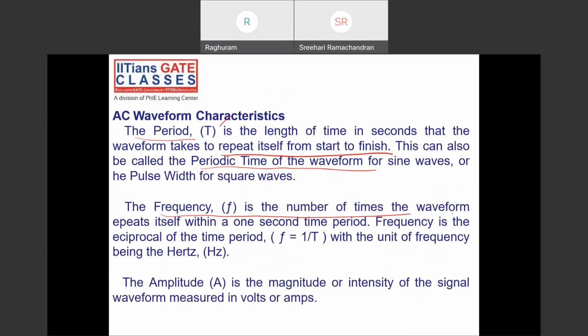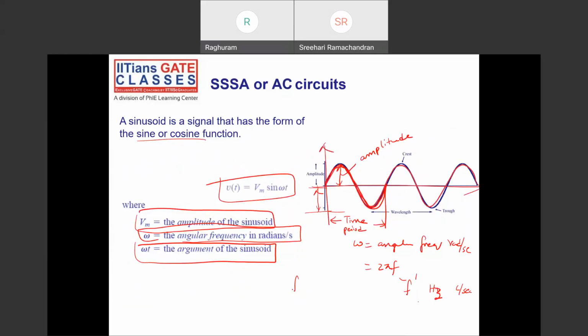Next, frequency is the number of times the waveform repeats itself within a second. Frequency is the reciprocal of time period, with the unit being hertz. F is equal to 1 by T. It represents the number of cycles completed in a second.